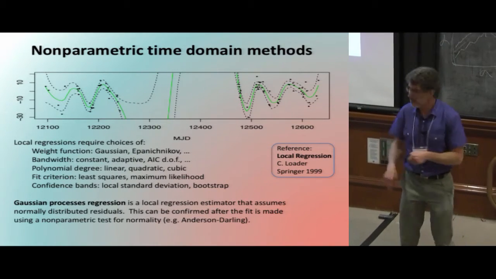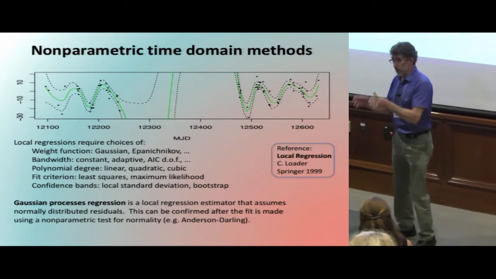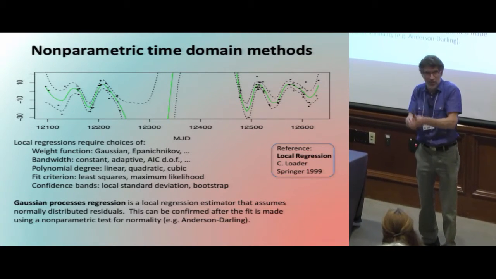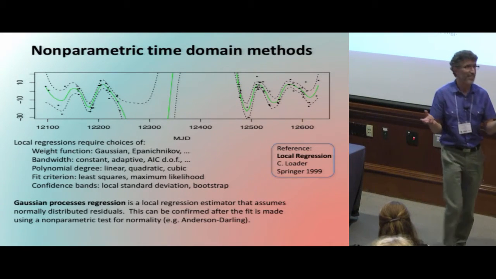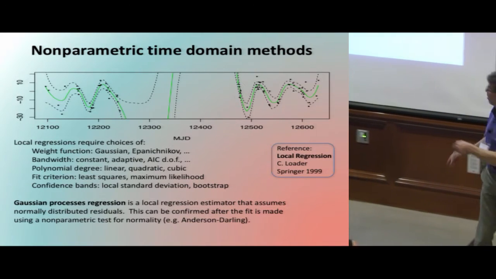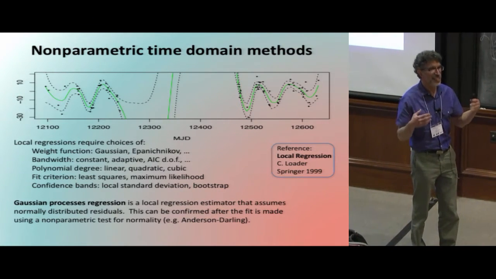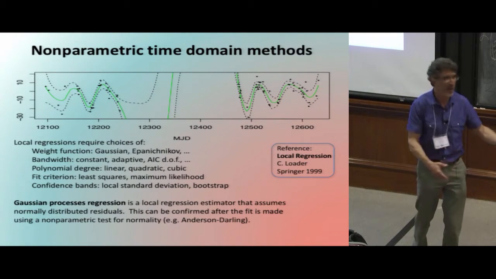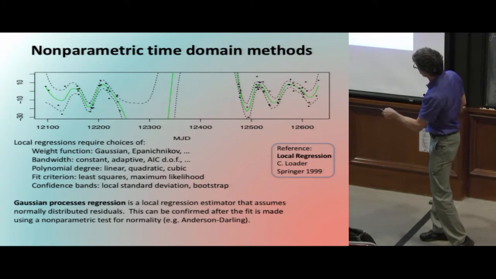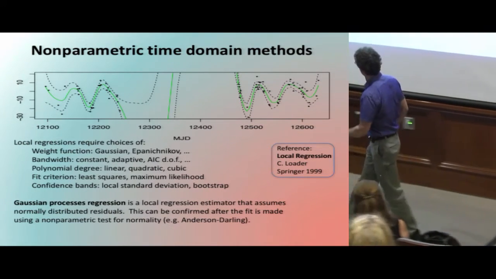In fact, what I like about this, a lot of regressions require normally, that means Gaussian, distributed residuals, so that you can test it after you've done the regression, plot the residuals, and do a test for normality. So it's very easy to say after the fact whether you're allowed to have done it, and if you're not allowed to do it, then throw it away. Okay, so it's a perfectly reasonable thing to do because you can check it using, for instance, the Anderson-Darling test.